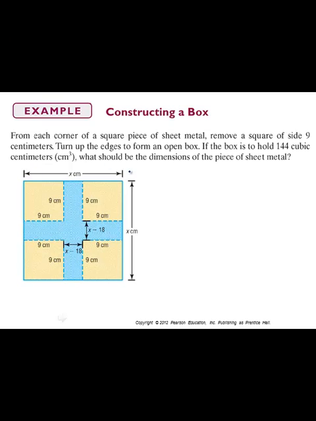So we've got some square piece of metal here that measures x centimeters by x centimeters. We are going to cut a 9 by 9 notch from each corner, leaving you just with the blue piece of metal left, and the yellow pieces will go away.